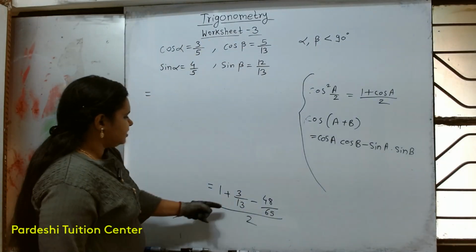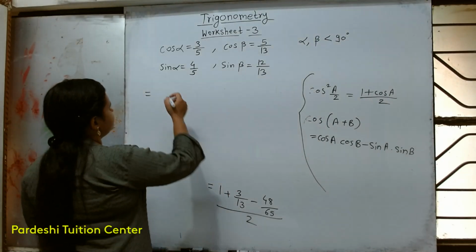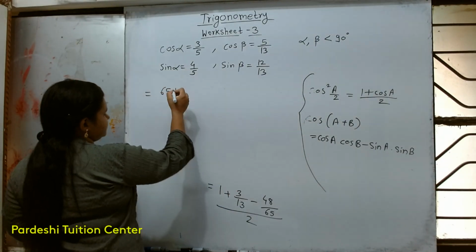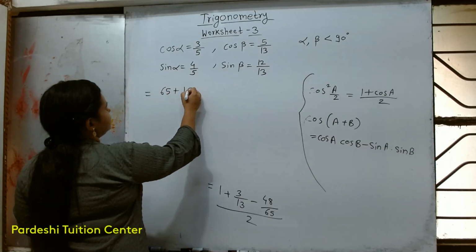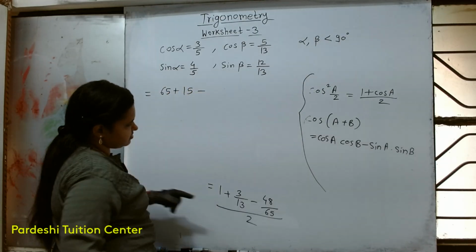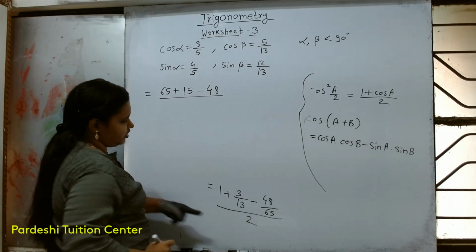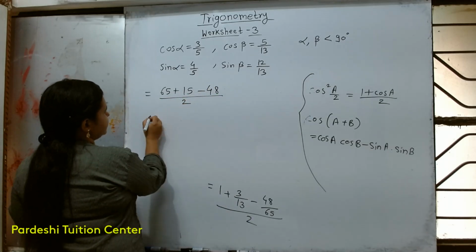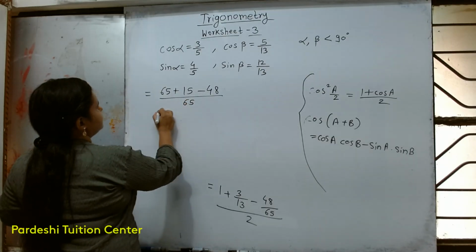Okay. Now if I take the LCM of 13 and 65, it will be 65. So it will be 65 plus 15 minus 48, upon 65, upon 2.